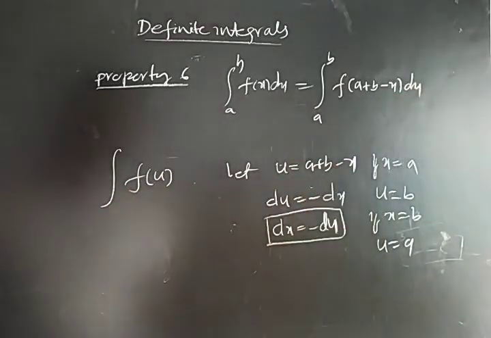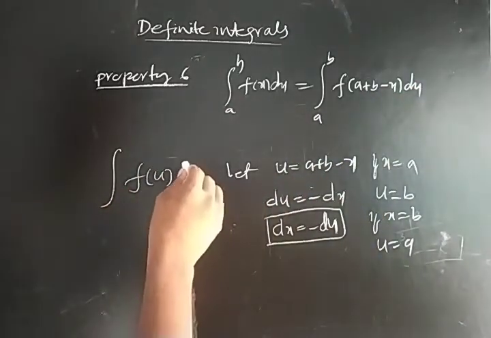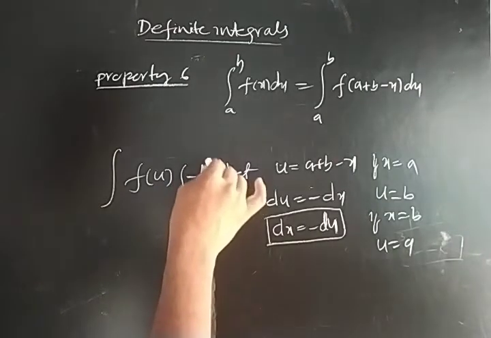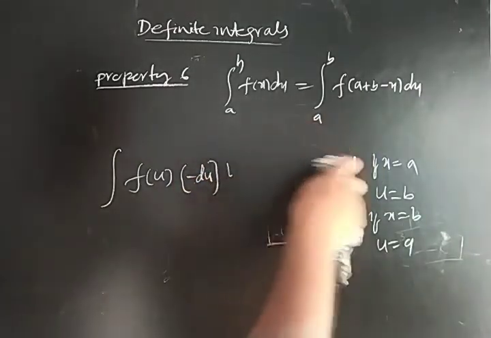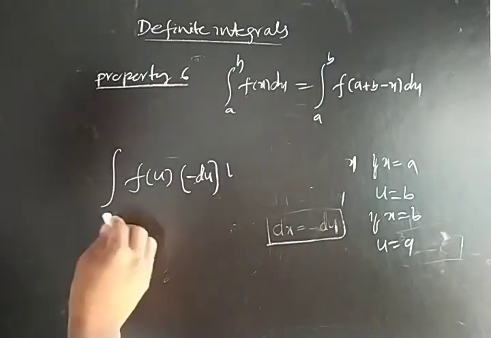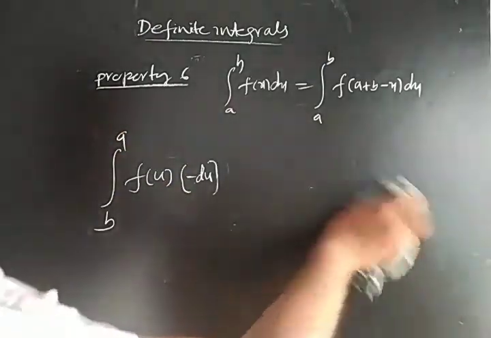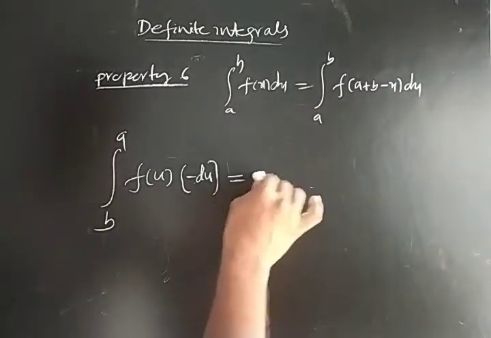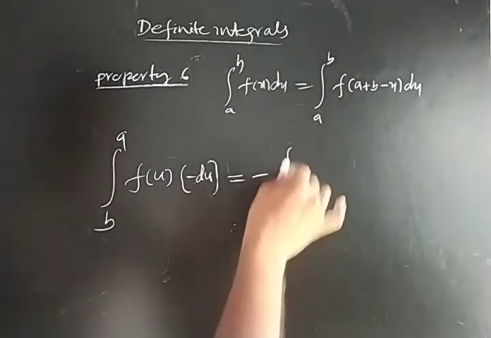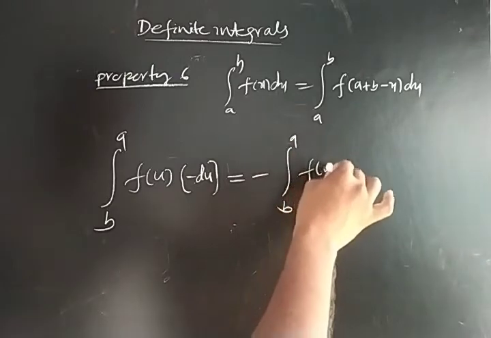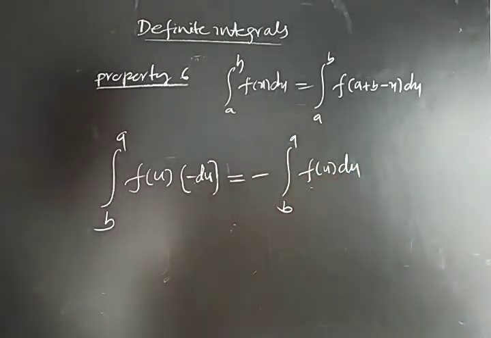And in place of dx I am substituting minus du, with lower limit b and upper limit a. So I converted the x variable into the u variable. Now taking minus common, it will be the integral from b to a of f of u du.